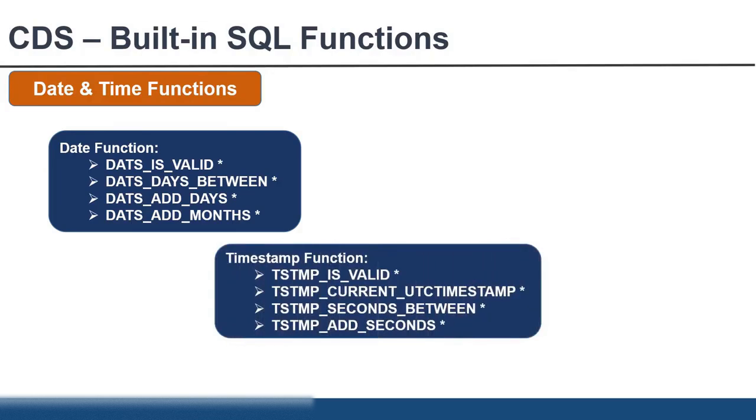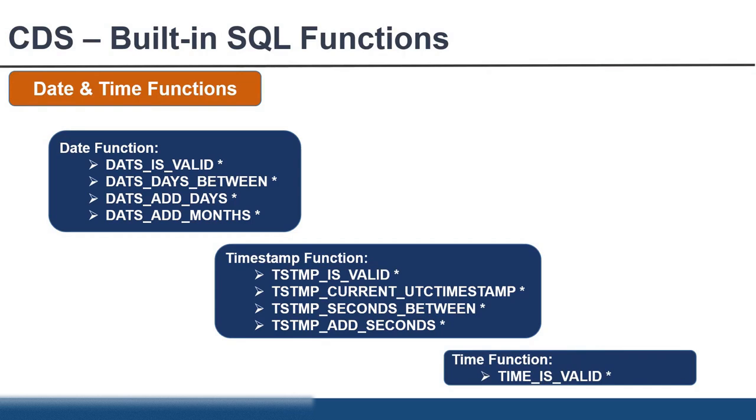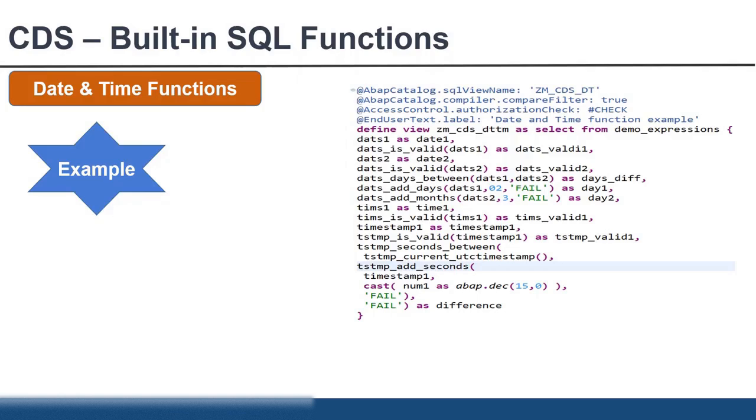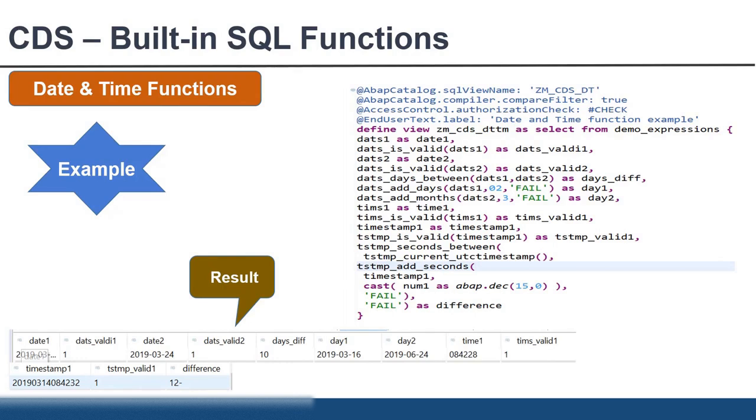Few more functions. An example CDS view using the date and time function. Again, selection from the demo_expression table, and here's the output.